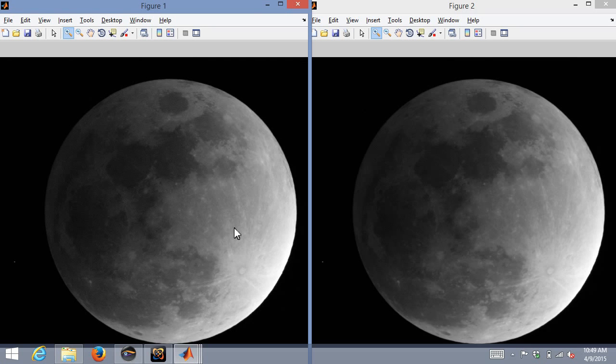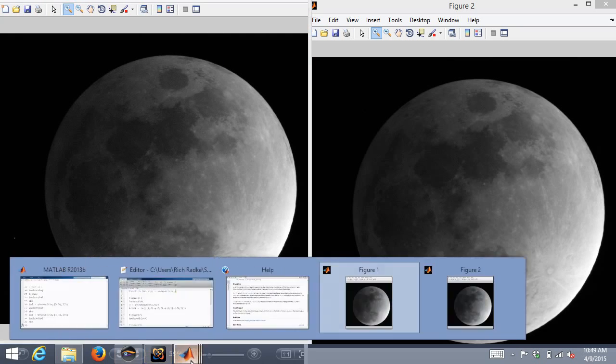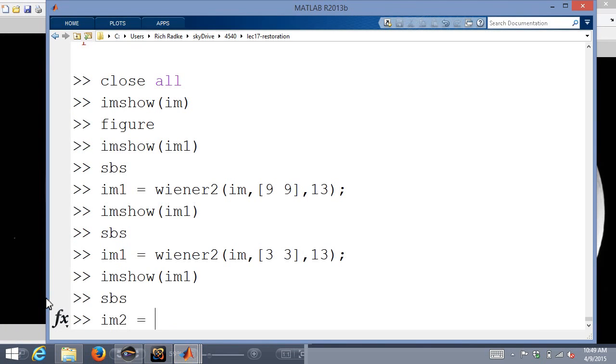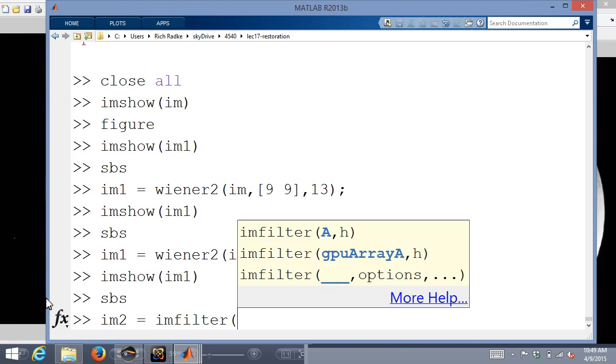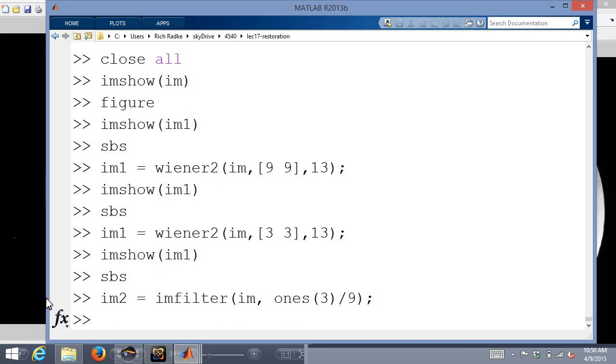And if I was to just uniformly apply, let's compare this to a filter where I just smooth the image uniformly. So let's say I applied the image with a smoothing filter.